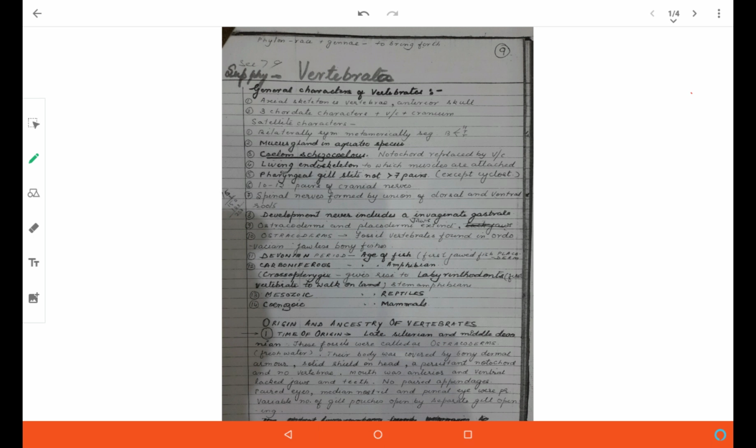Pharyngeal gill slits are present, but not more than 7 pairs except in cyclostomes, whereas in the lower animals we had seen that there are many gill slits present, but here we have generally about 7 pairs of pharyngeal gill slits. 10 to 12 pairs of cranial nerves are present.